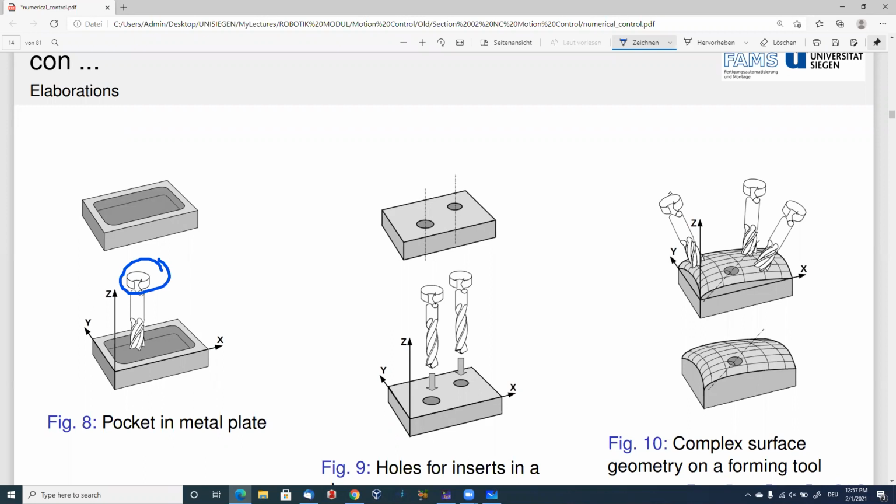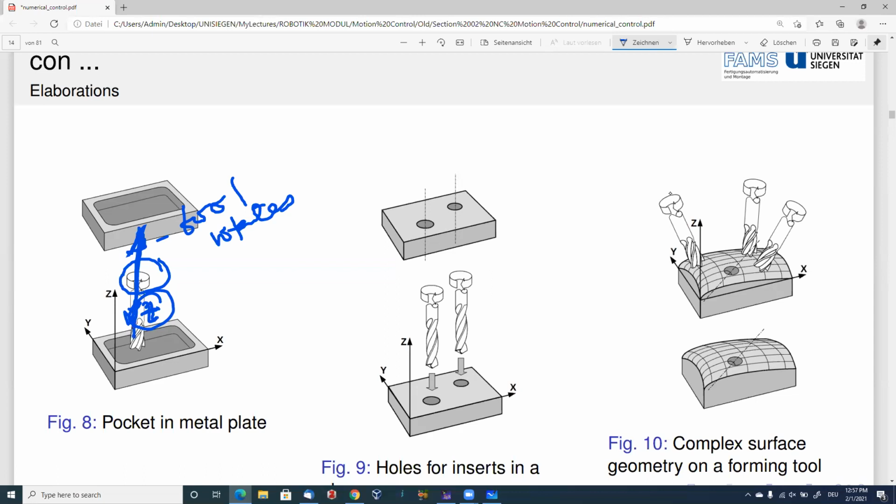It's not the workpiece, it is the tool that rotates. Whatever it is, the rotation of this tool will be considered as the Z-axis.